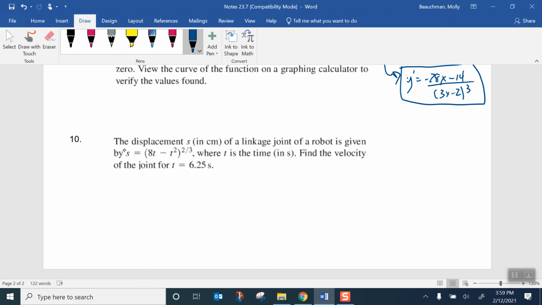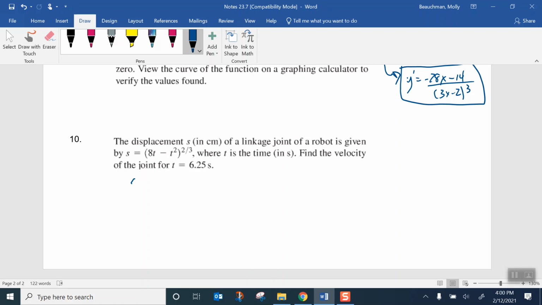We have the displacement S in centimeters of a linkage joint of a robot is given by S equals (8t minus t squared) to the power of 2/3, where t is the time in seconds. Find the velocity of the joint for t equals 6.25 seconds. So remember, if displacement is given by S, then the velocity is S prime.